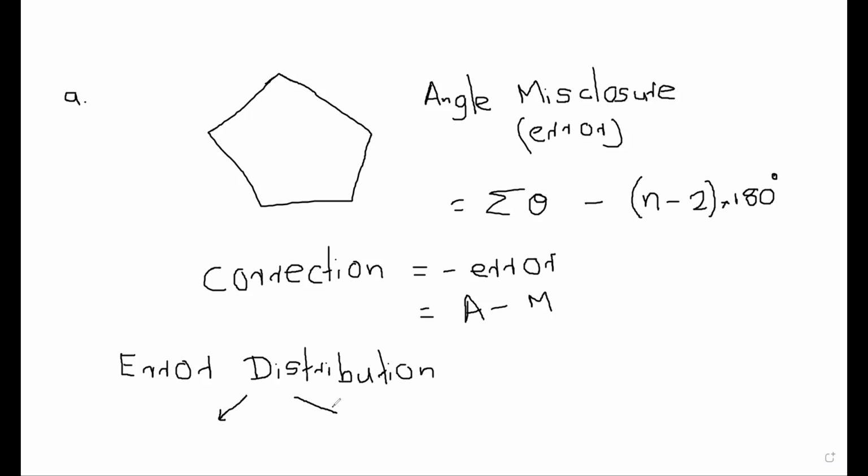So for this case, we have to understand which one is the relevant one. One is called the equal distribution and the other one is called the proportional distribution.